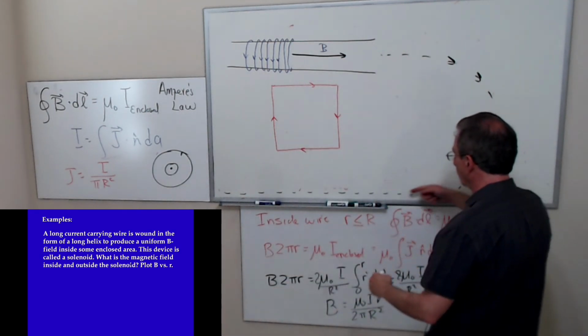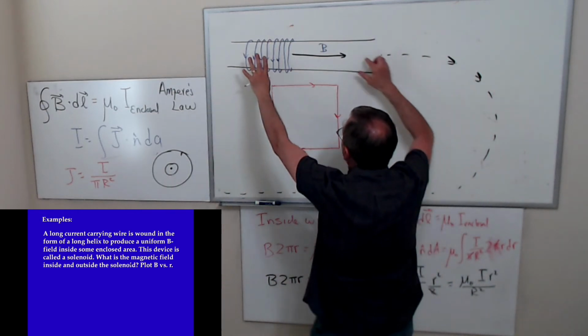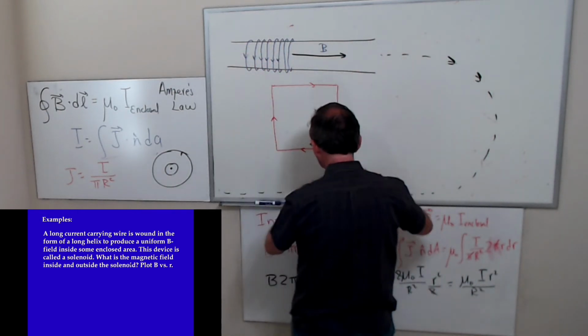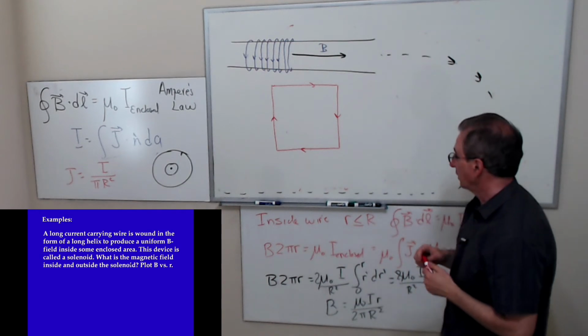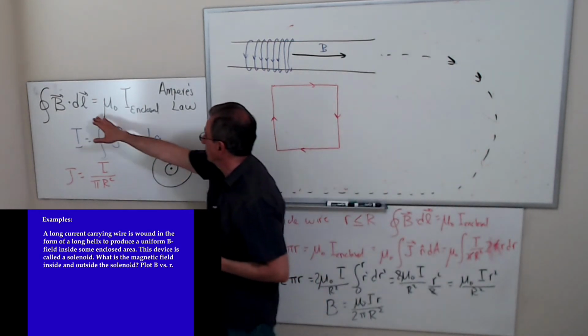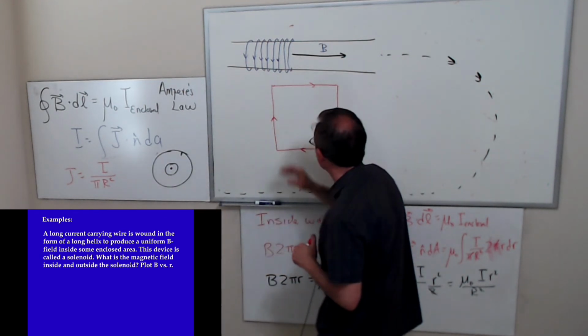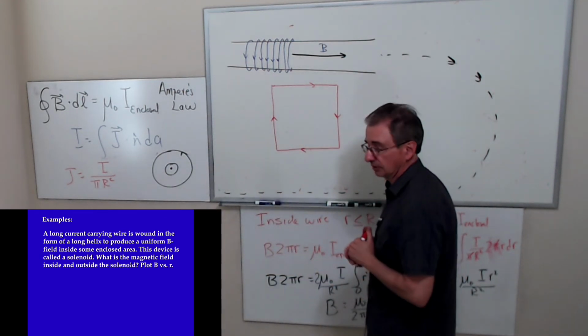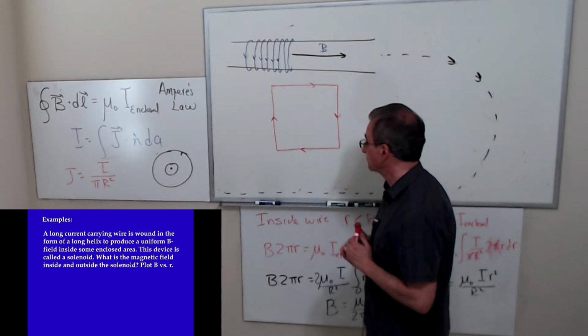This field line essentially is going to be horizontal here, in this region. Over the center of the tube, this is essentially going to be horizontal. Okay? I want to use this expression. How much current is enclosed through here? How much current penetrates that loop? 0.